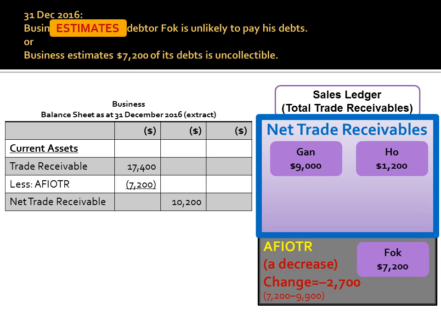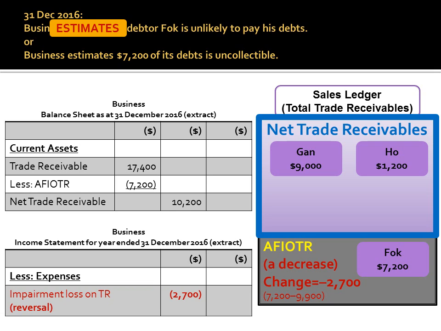This means that the business only estimates that 2 of the customers, Gun and Ho, who owed $10,200, will be collectible in the future.